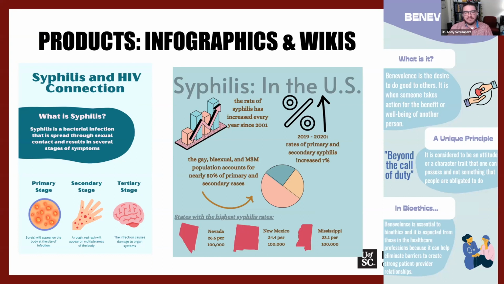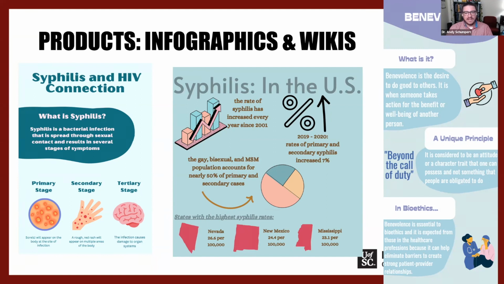And so the big part of an infographic is that it's a visual representation of information that combines text, images, and graphics, and you want it to be concise, easy to understand, but it's going to typically encompass a specific topic. And so you could see in her 202 class, we had some syphilis infographics there, as well as benevolence.